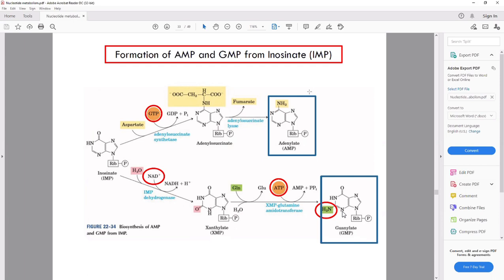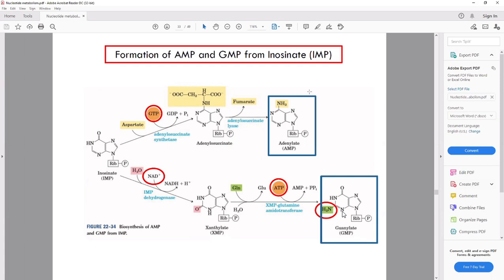Adenine is a base, a purine base. A nucleotide itself has to have three components: purine base, ribose sugar, and also phosphate. So adenine is a base only.